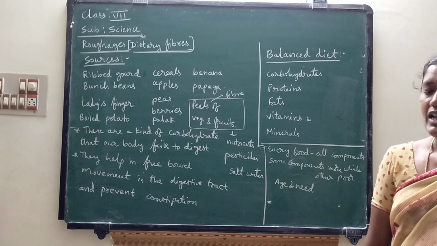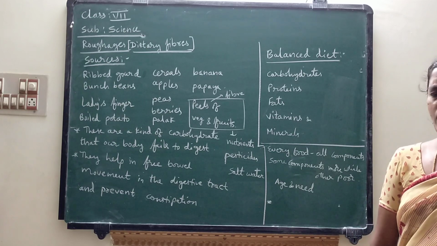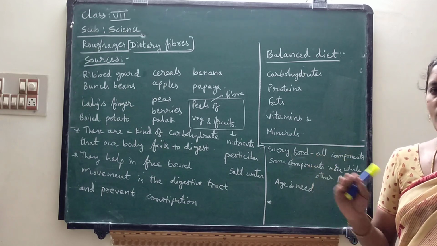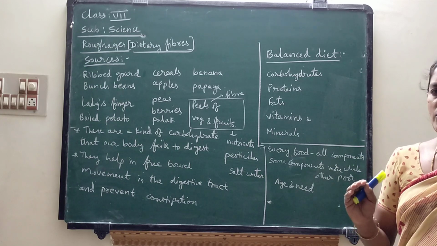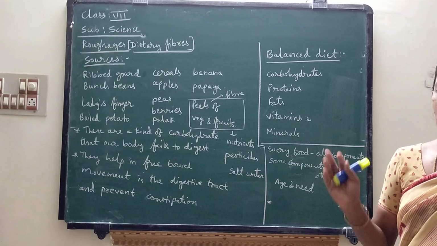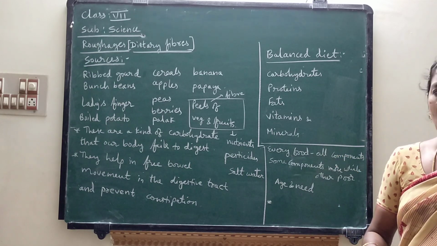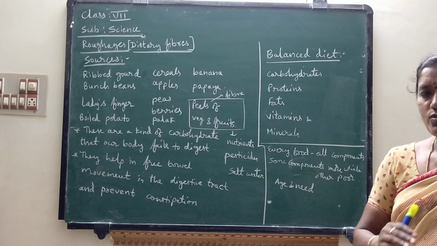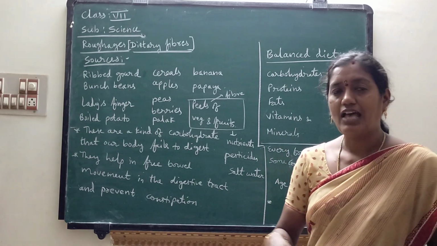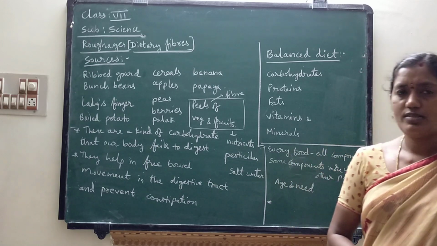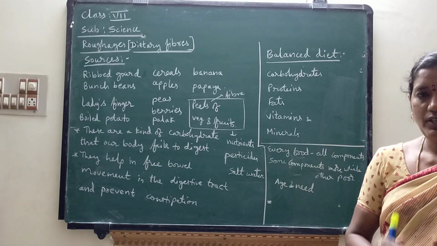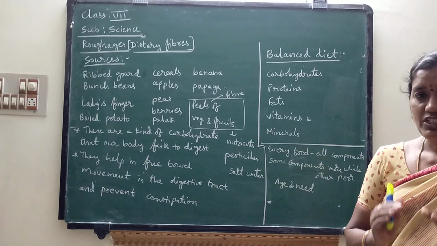The balanced diet need not be costly. We should not go for expensive things like cashew and badam. We can make use of our regular diet as a balanced diet, because a balanced diet must be very cheap.